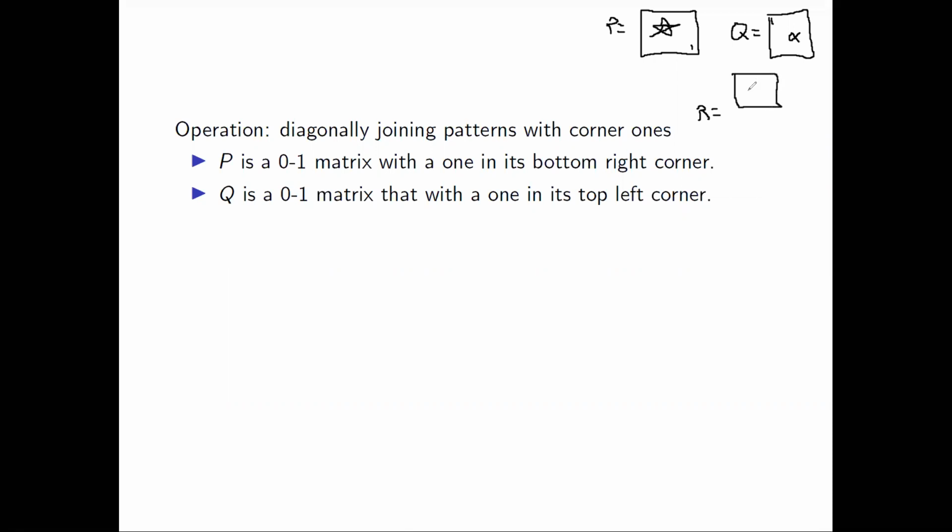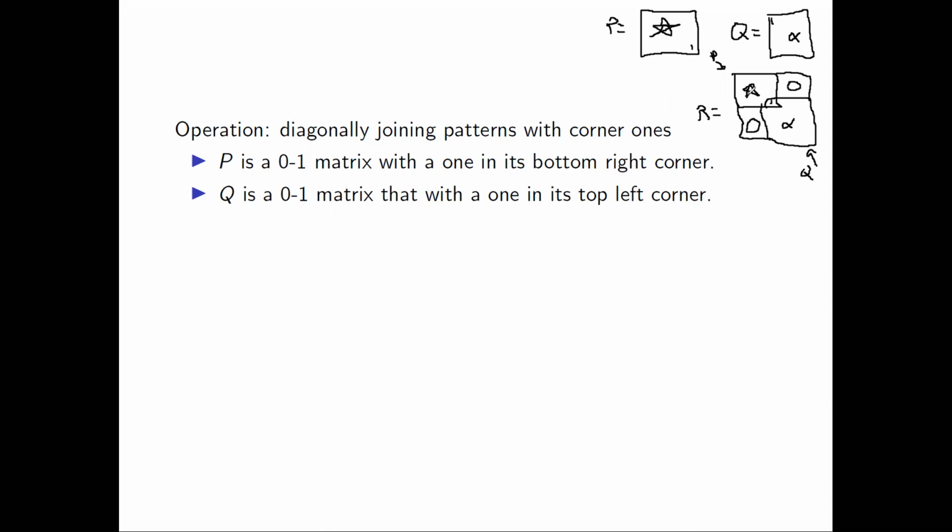So we'll obtain it by translating P and Q. So there's the P right there. And we'll translate them so that they overlap in that corner. So here's the Q. And then everything else is zeros.